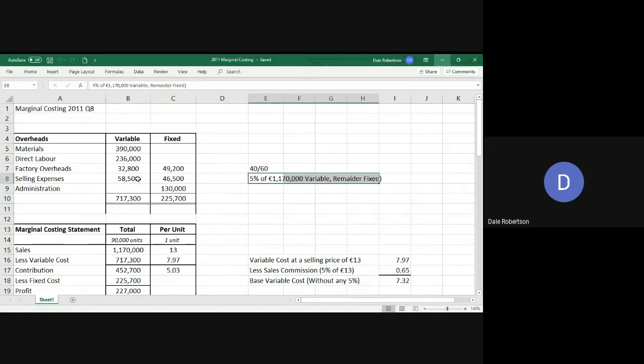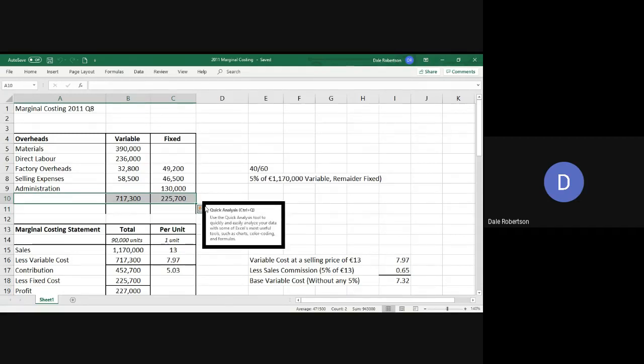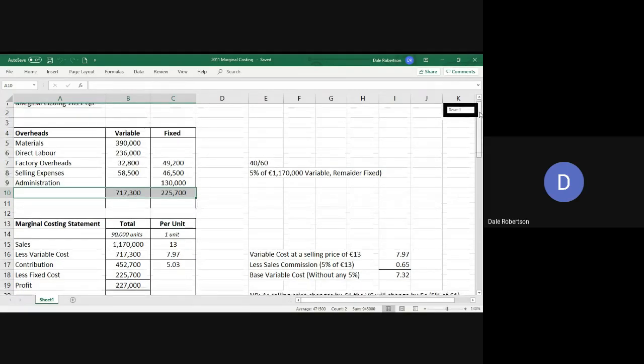So you take this 58,500, which is 5%, and if you take that out of the 105 in the question, you're left with 46,500 as fixed. Of course, you already have this 49,200, which is 60% of overheads, and then the administration expenses are entirely fixed. And that gives you these numbers that I've highlighted, which are the total variable overhead and the total fixed overhead. Now that allows us to go down to the next bit of preparation work.